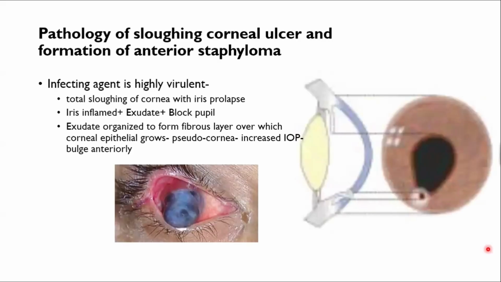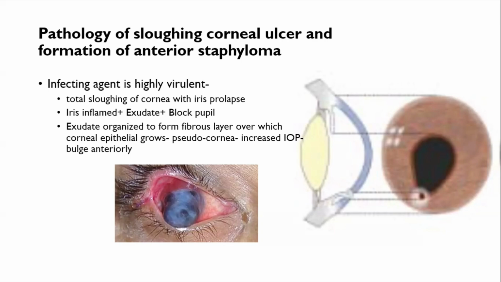Next, we will explore another severe complication of corneal ulcers, that is a sloughing corneal ulcer leading to the formation of anterior staphyloma. This basically occurs when a highly virulent infecting agent causes extensive damage to the cornea and surrounding structures. In cases where the infecting agent is particularly virulent, it can lead to total sloughing of the cornea.